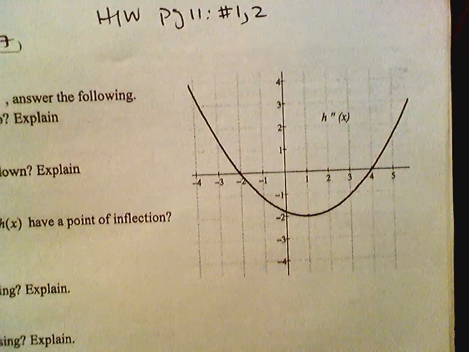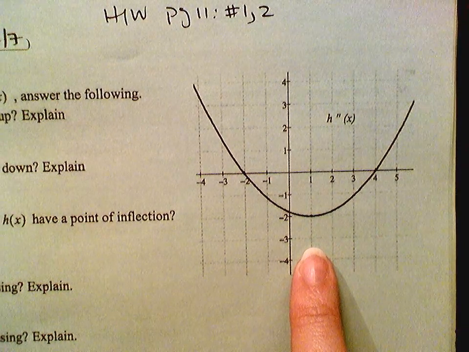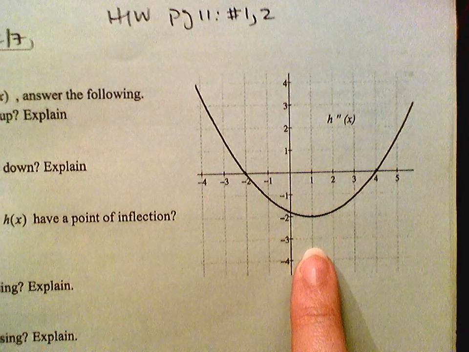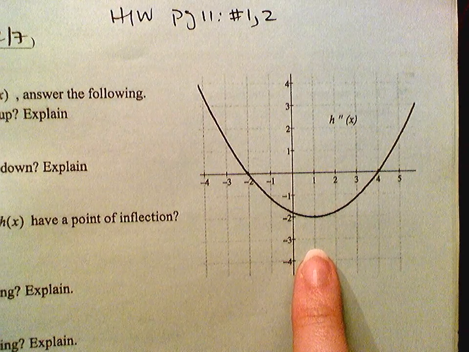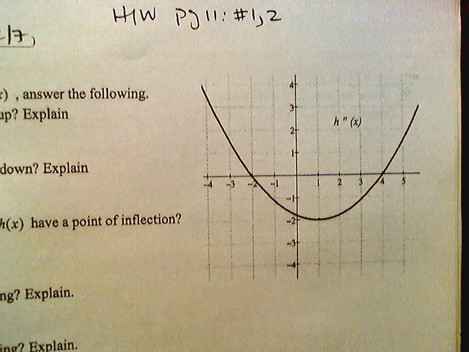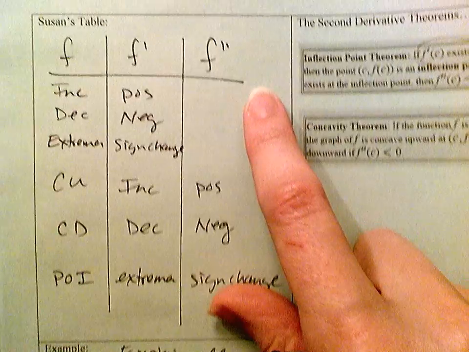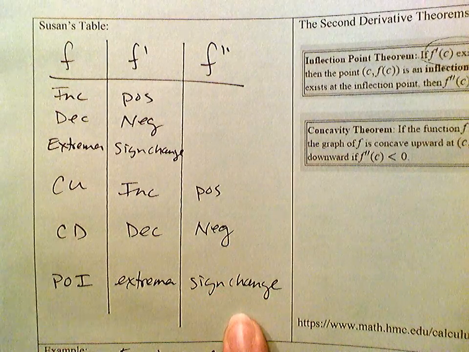Now, flipping back over, because we are going to determine a bunch of stuff by looking at the graph of h double prime, all of our explanations will have to rely on h double prime, okay? And also, since we're relying on the graph of h double prime, you'll want to begin in this column here.